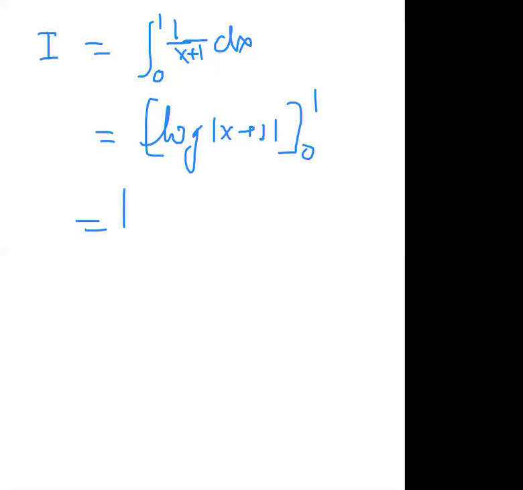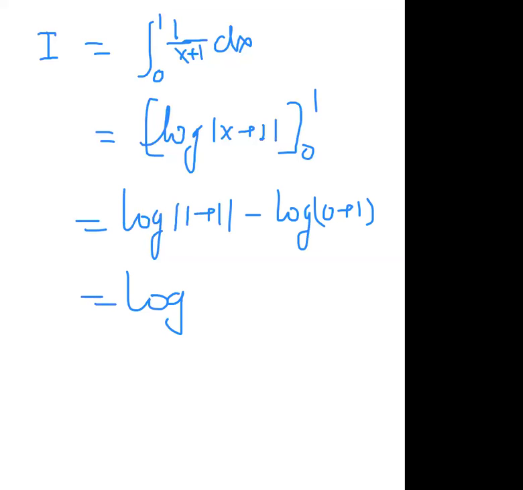Let us put log of 1 plus 1 minus log of 0 plus 1. That is log 2 minus log 1. We know that log 1 is 0. Otherwise, log a minus log b is log a upon b.